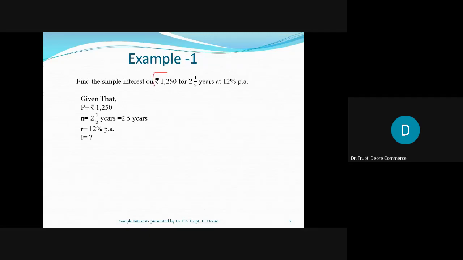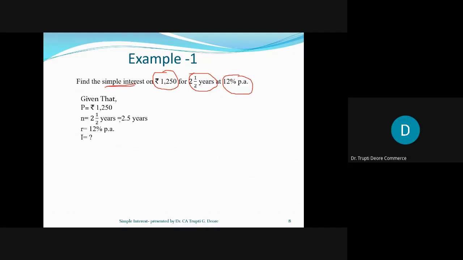Now, first step is what is given. So we have this amount, right? We categorize it, so we just write it in the terms. So what is given? Find the simple interest. So we have to find out, wait for the calculations. First we have to go for the simple interest.